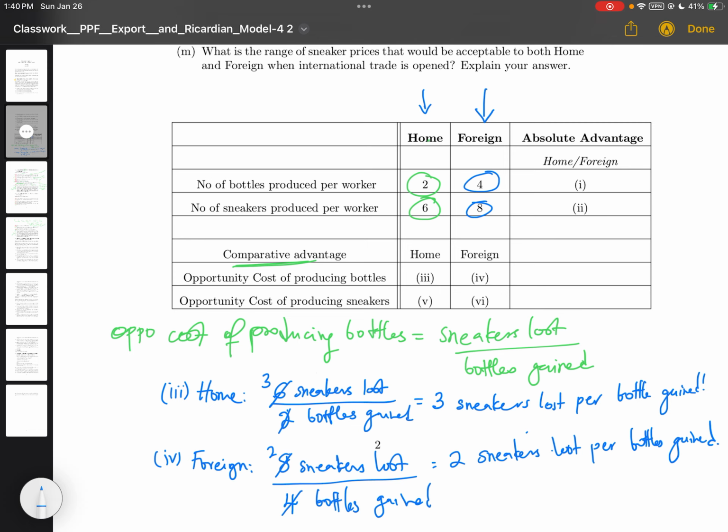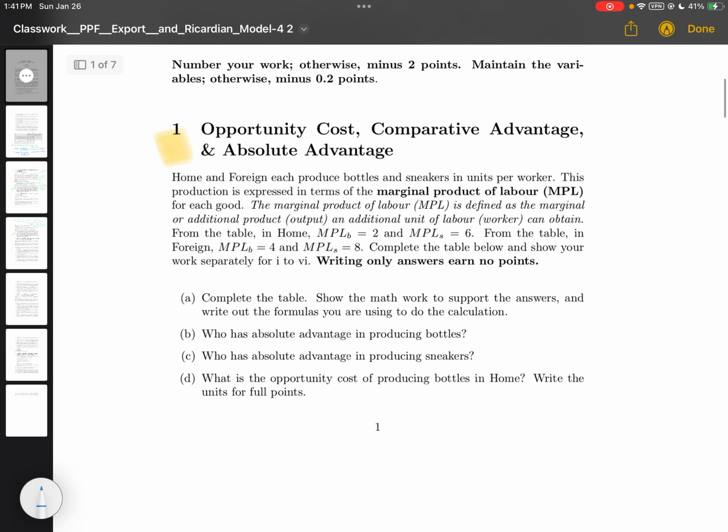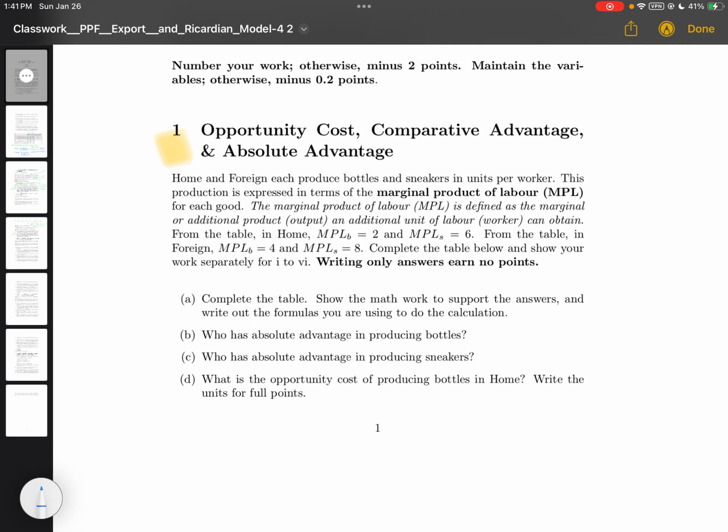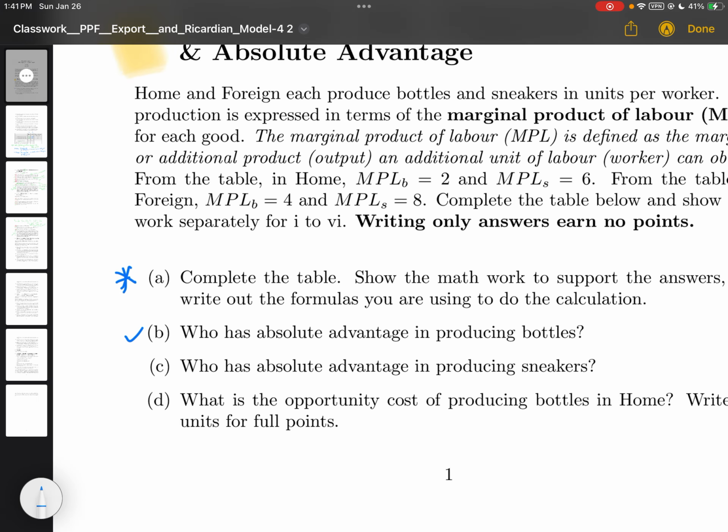That's the opportunity cost of producing bottles. Now, there are some questions on the top that I'm going to review just after calculating these two numbers. So let's scroll up. But if you're in my class, you already have this. If not, pause the video, take a picture so that you can take part in this. Now, we are working on A right now, and so we worked on B. Earlier on, we said it was foreign that had absolute advantage in producing bottles. Foreign also has absolute advantage in producing sneakers.